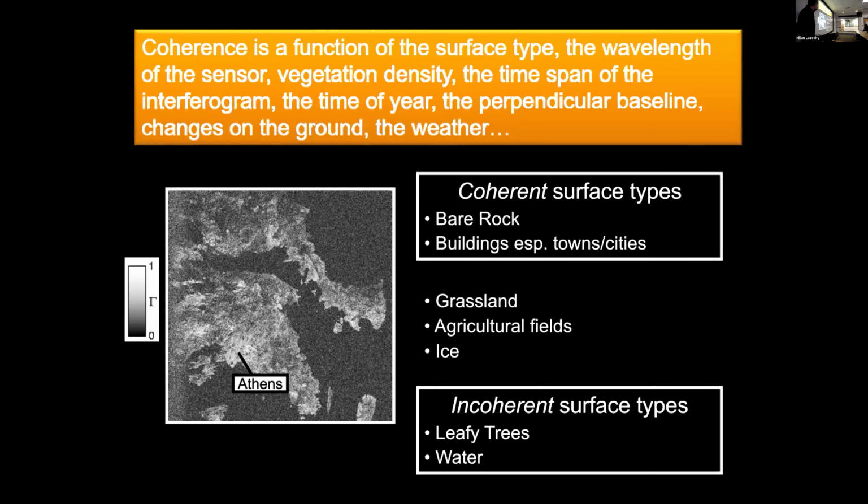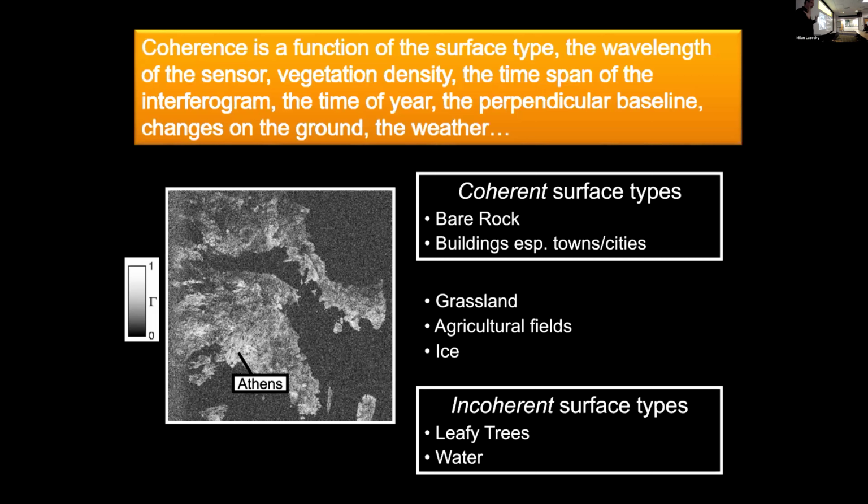But just to summarize, it's basically a function of the surface type, the wavelength, the vegetation density, the time span, the time of year, perpendicular baseline, the changes on the ground, the weather, a bunch of things that are all folded into that. And generally, it's a little bit unpredictable. Sometimes there's no obvious reason, and it's just because it's rained or something like that on a particular day and you've lost a bit of coherence.